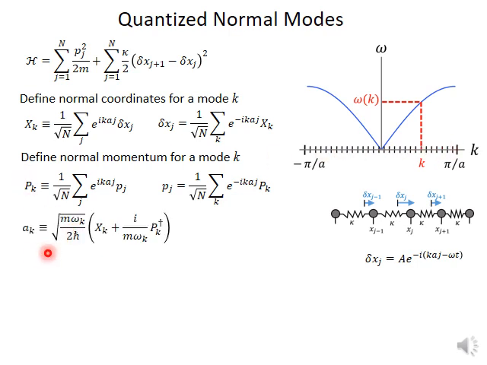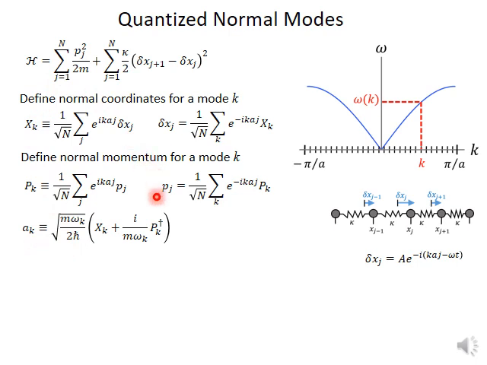To do that, you define a certain operator corresponding to one particular k mode, such that a_k is given by this expression, where m is the mass, omega_k is the dispersion, or omega as a function of k, and x_k and p_k conjugate are these two normal variables. In this way you have defined an operator.